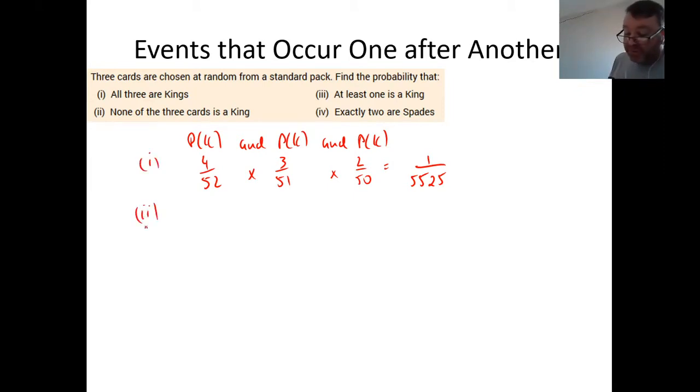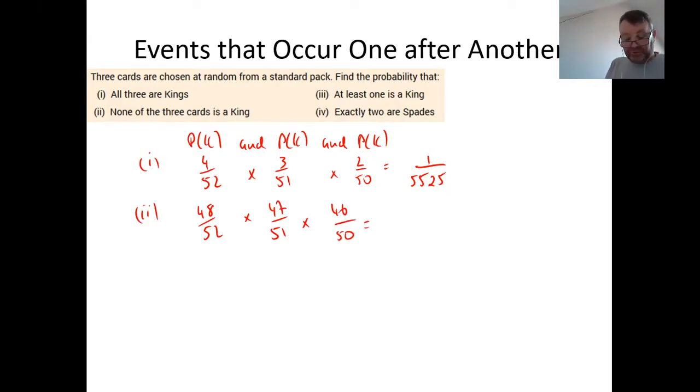What is the probability that none of the 3 cards is a king? Okay, so therefore the 4 kings are out of the question. Doesn't that drop me down to 48 cards? So the first one can be any of the remaining 48 out of the 52, but I'm going to hold that, which gives me 47 out of the 51, which then gives me 46 out of 50. Okay, and again, do the 3 fractions.